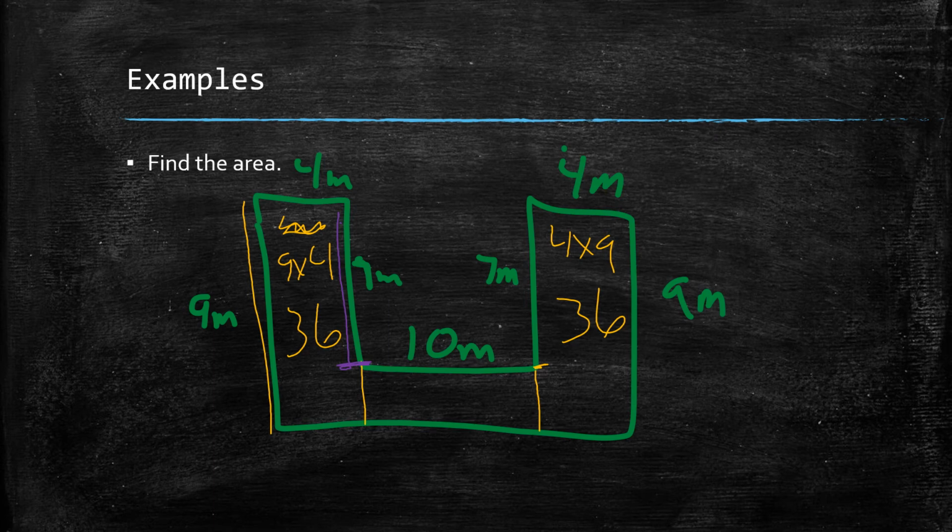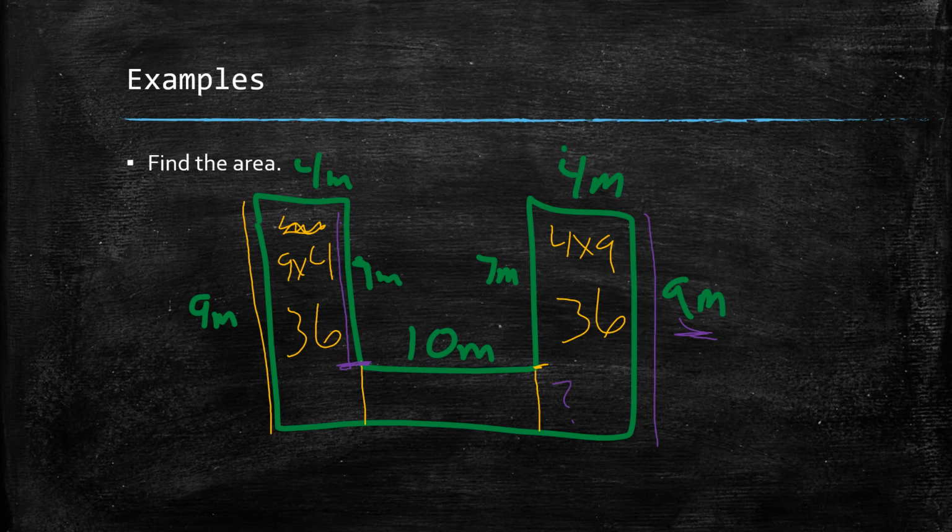Okay, so now for this rectangle here in the middle, I see that I have the 10. I have the 10, but I need to figure out this distance. Okay, so if I just look at the other information given to me, I have a 9 here that tells me from here to here is 9.